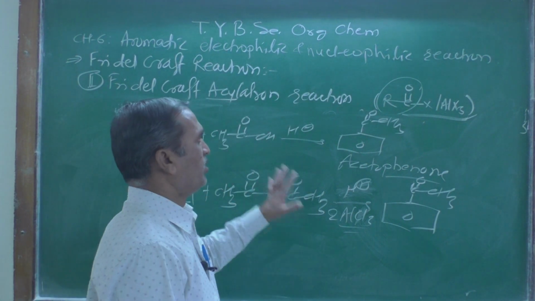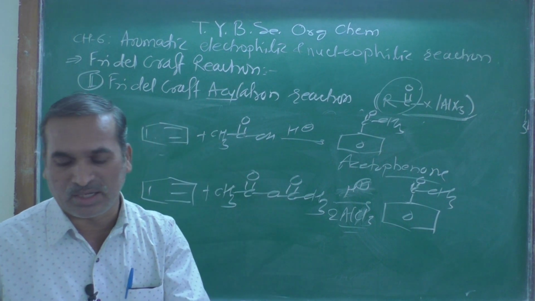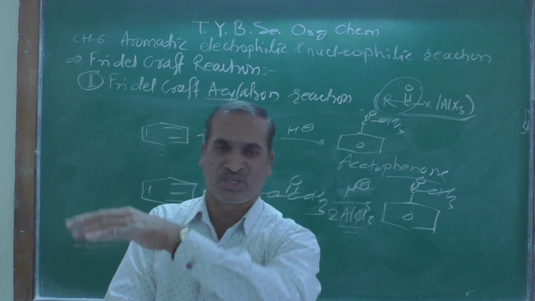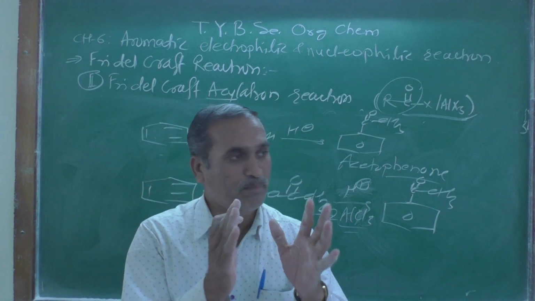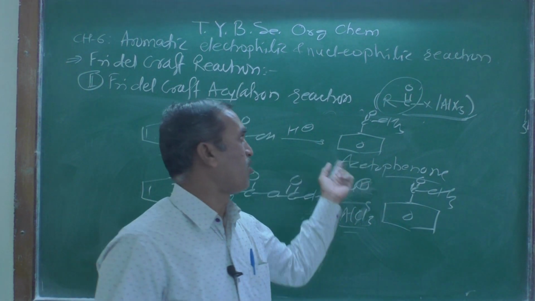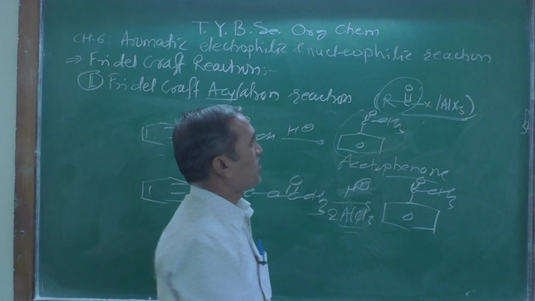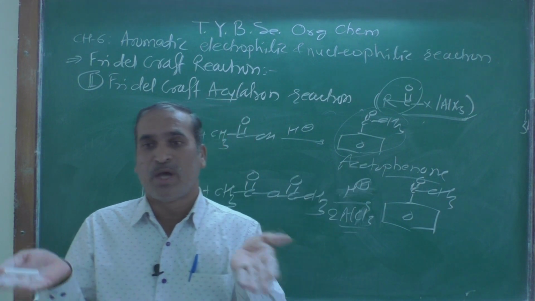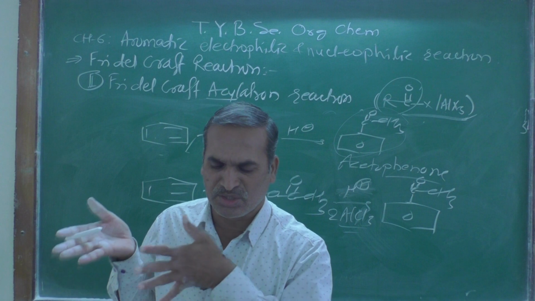But even though these reactions are there, the Friedel-Crafts reaction also has some limitations. What are those limitations here? The number one limitation: whatever product is formed, suppose this one, is less reactive as compared to benzene, because there is a carbonyl group, an electron withdrawing group, and therefore the reactivity of that benzene moiety is decreased.